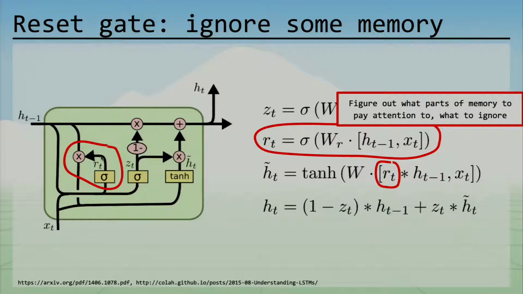So this will be a bunch of numbers that are between 0 and 1, and we're going to multiply them element-wise by the memory from our previous time step. So basically, we'll be keeping some of this memory, multiplying it by numbers close to 1. We'll be throwing out some of this memory, multiplying it by numbers close to 0. So this r sub t is basically which parts of our memory we should pay attention to for this current time step.